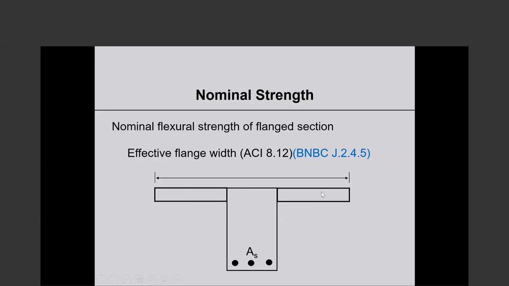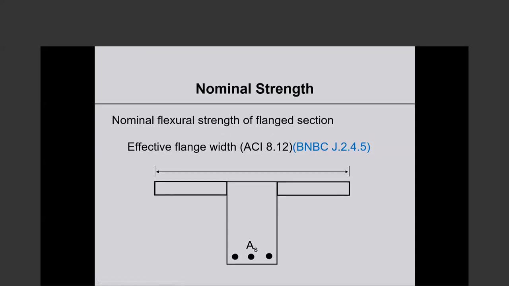The flange portions close to the beam also go into compression. They effectively become part of the beam. Now, how much of the slab acts together with the beam, that's where the effective flange width concept comes in. Okay, so effective flange width is the width of the slab that participates with the beam in resisting transverse loads.